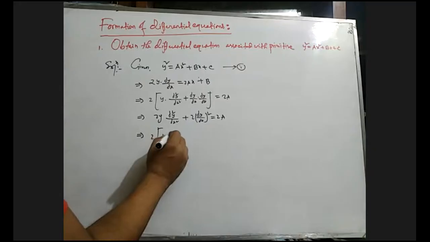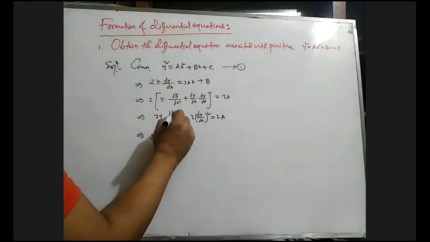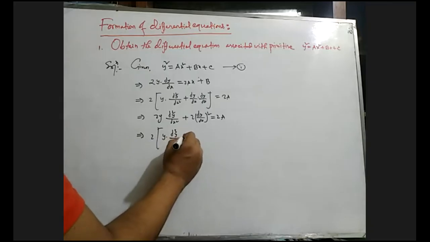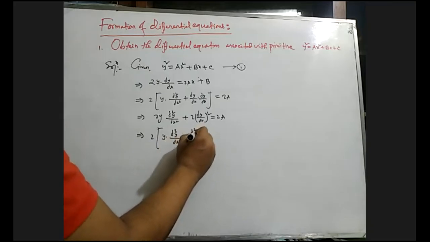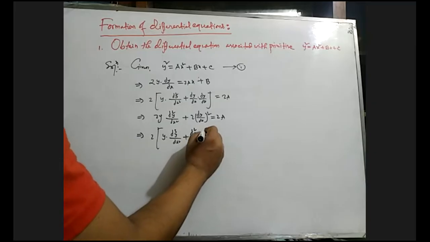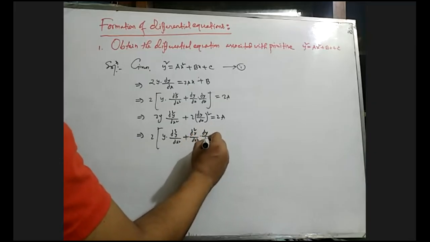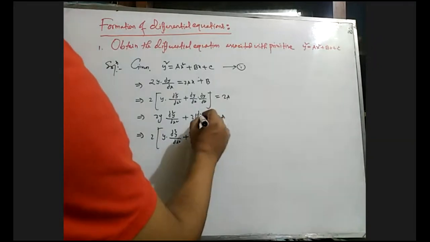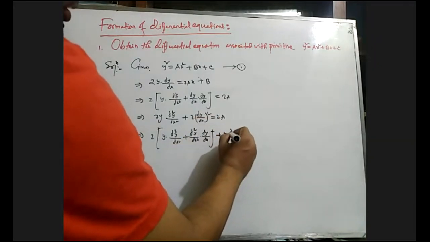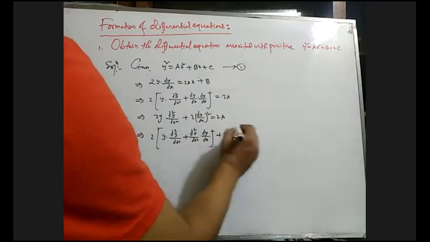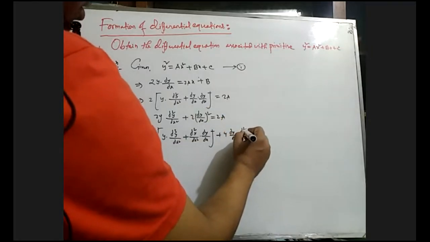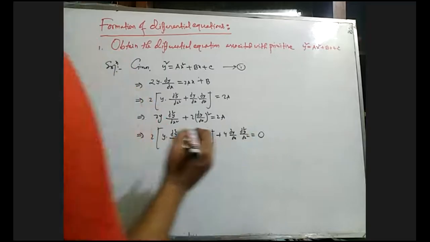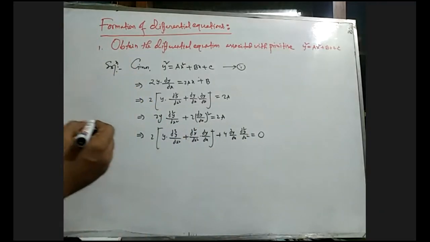Then u into this differentiation, we get y d cube y/dx cube plus d square y/dx square into dy/dx plus 4 dy/dx into d square y/dx square, and d/dx of the constant 2a equals 0.